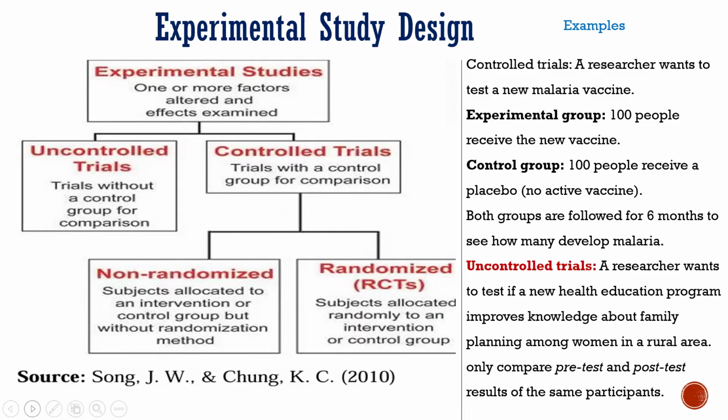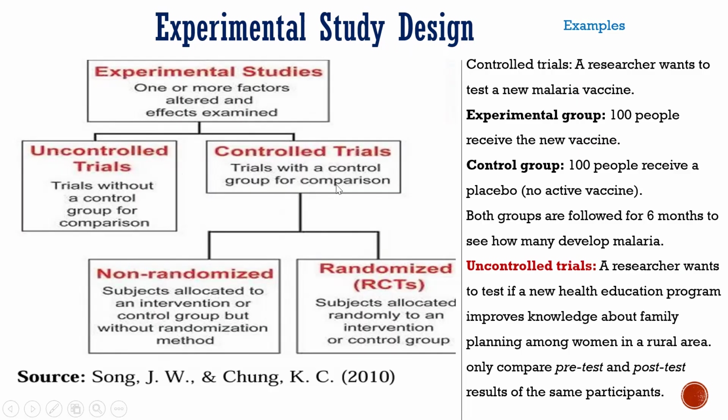Like we said, experimental studies are the ones that involve active interventions. Among these interventions, there are the ones that are controlled and the ones that are not controlled. The ones that are controlled are those with a control group for comparison.